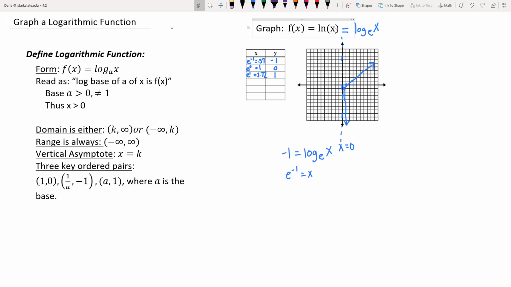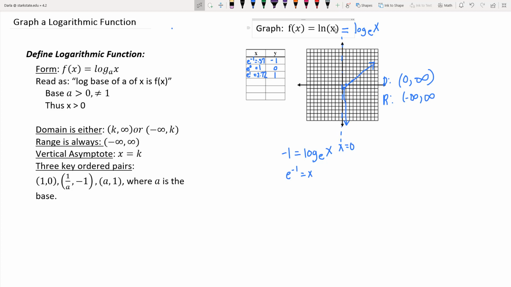Notice that the domain for this particular function starts at 0, non-inclusive, and goes to infinity, so that would be the domain. And then the range for all logarithmic functions is from -infinity up to infinity. You hit the entire range.